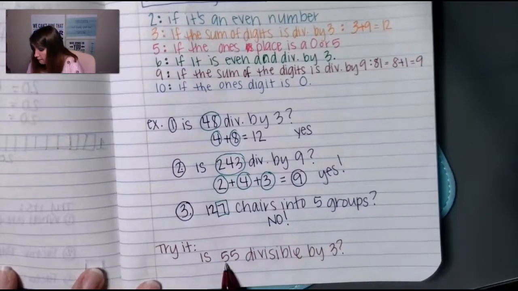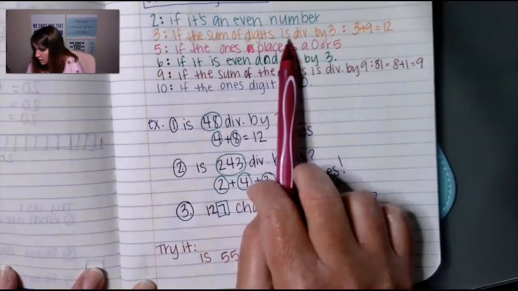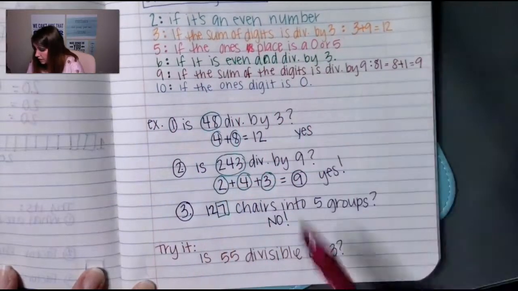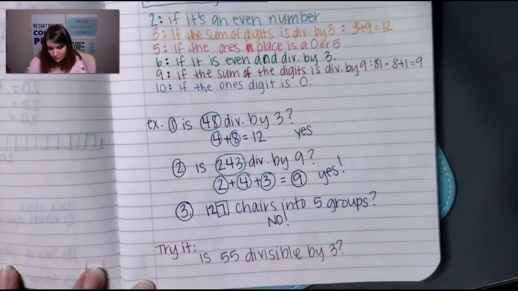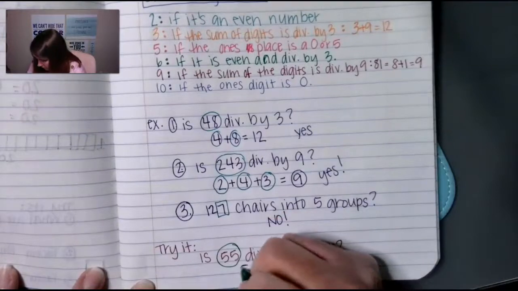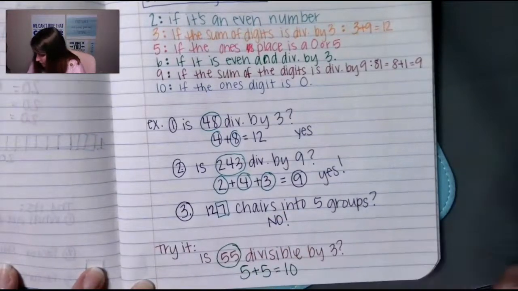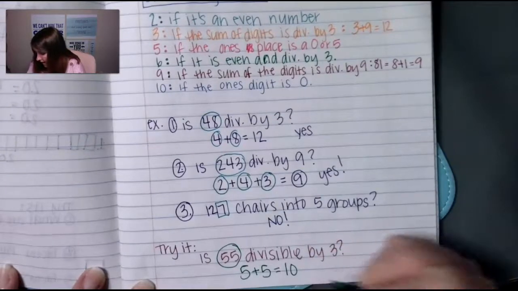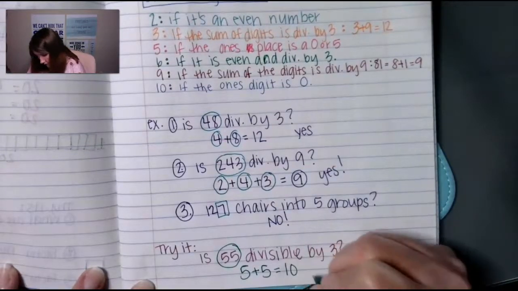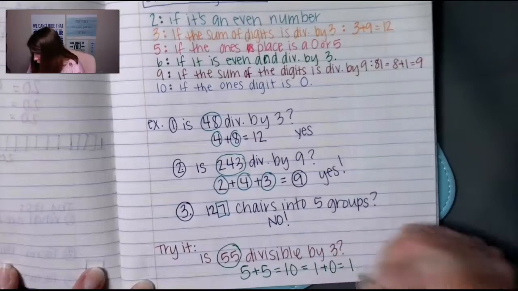Okay, 55. The rule for 3 is if the sum of the digits is divisible by 3. So I need to add those 2 numbers together. So 5 plus 5 equals 10. Okay, well, I don't really know right off the top of my head. So I'm going to add again. 1 plus 0 gives me 1.